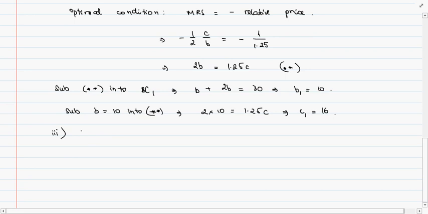So the Hicksian demand is basically the expenditure minimization problem, where we try to achieve a certain level of utility in a cost minimizing way.